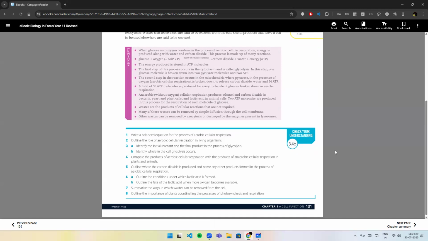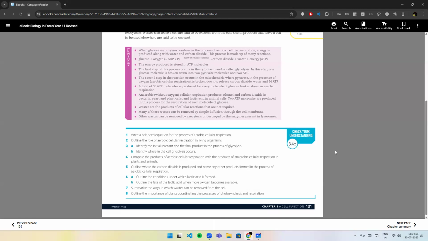In this step, one glucose molecule is broken down into two pyruvate molecules and two ATP. The second step in the reaction occurs in the mitochondria, where pyruvate in the presence of oxygen is broken down to release carbon dioxide, water, and 34 ATP. A total of 36 ATP molecules is produced for every molecule of glucose broken down in aerobic respiration.